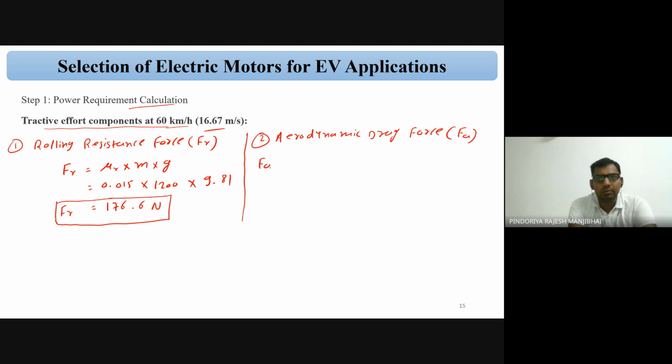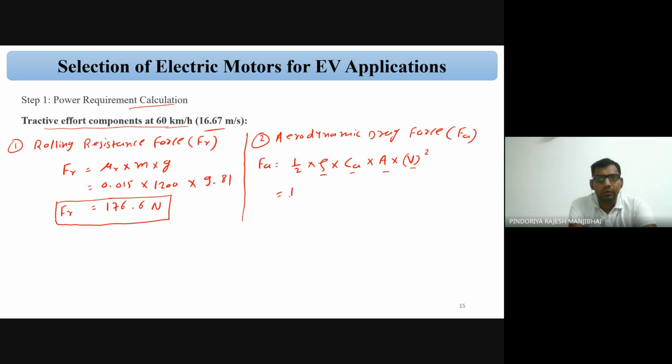FA is nothing but 1 by 2 into rho into CA, the drag coefficient, into area into velocity square. So 1 by 2 rho CA, the drag coefficient, and area into velocity square.